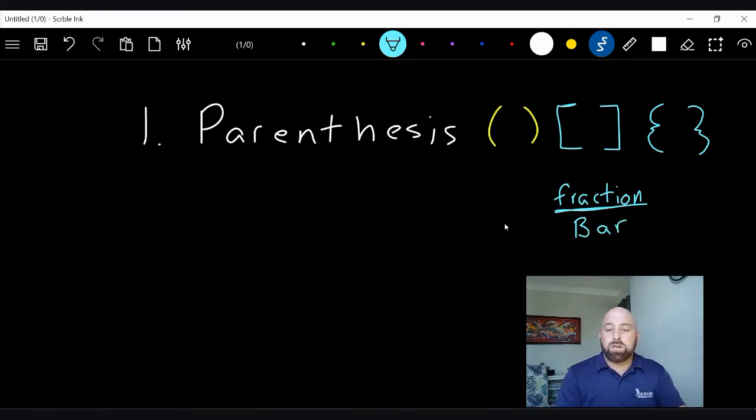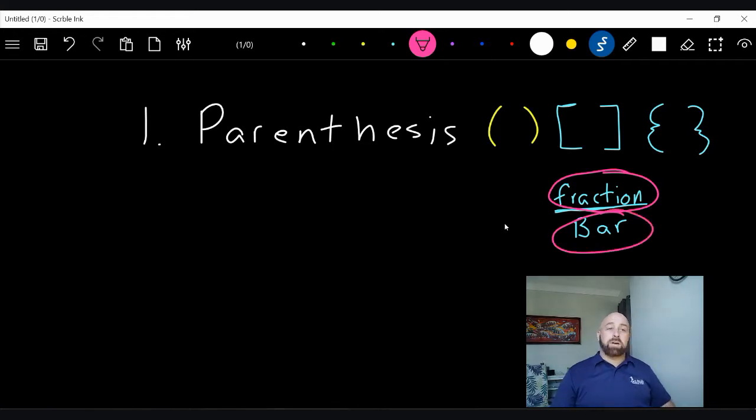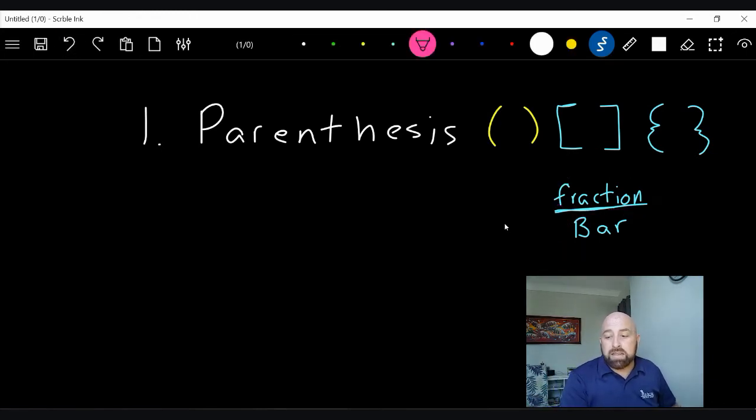In other words, you don't have to do the division, but you have to solve what's on top of the fraction bar and what's on the bottom of the fraction bar before you can do anything else. You have to solve your fraction bars. You have to solve the top, then skip down to the bottom and solve that. So the fraction bar is in the parentheses step. Okay, number 2.